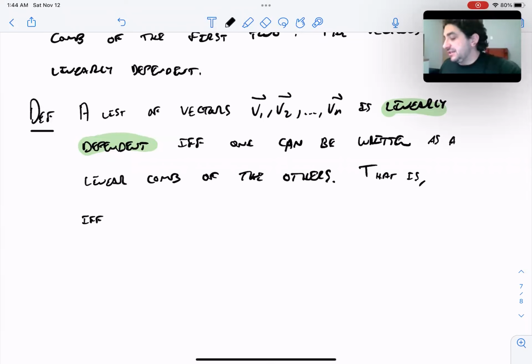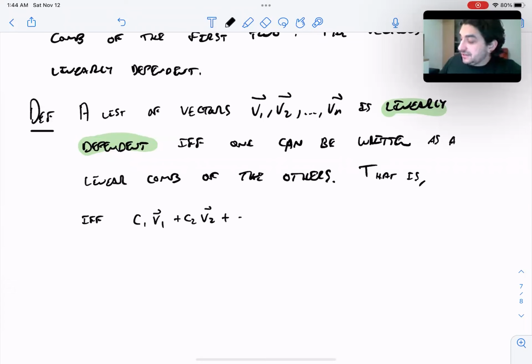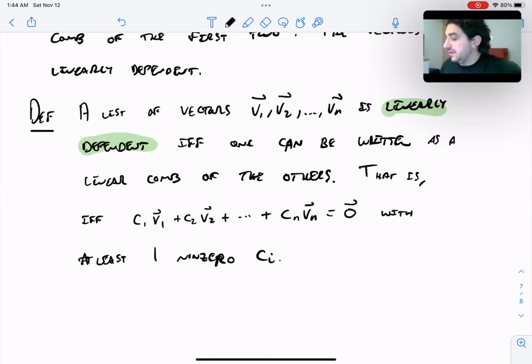So here's another condition that's equivalent to being linearly dependent. If you can take a linear combination of those vectors and end up with the zero vector, choosing at least one non-zero coefficient.